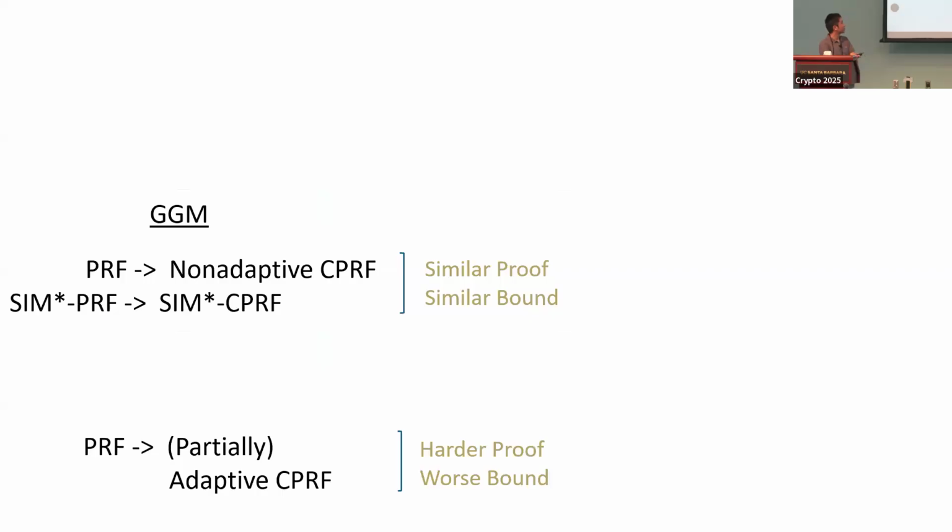Okay, so now this is probably the most important slide. Our proof works similarly to the non-adaptive constraint PRF, and we have a similar bound. But the partially adaptive definition, which sits in between our definition and the non-adaptive one, requires a harder proof and has a worse bound.